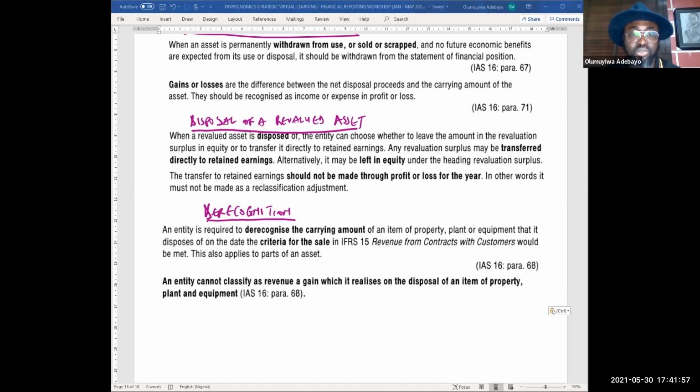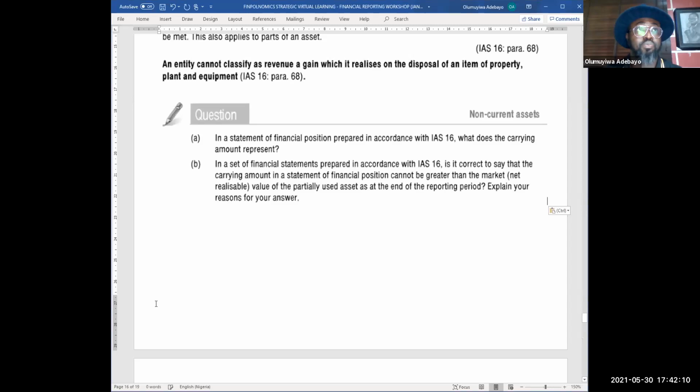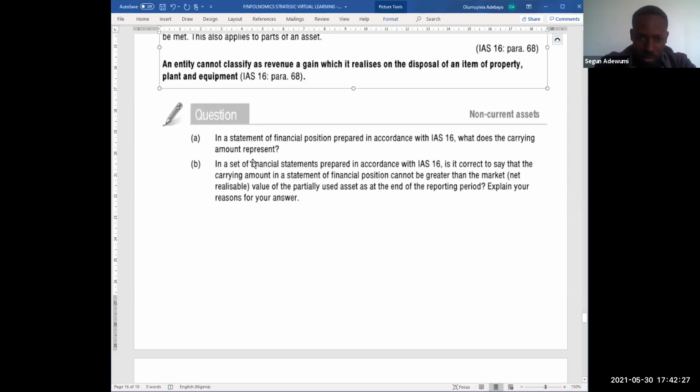Now, I want to put this question before you, and if you can read it up, let me give you a short answer to it. Okay, can you read it up? In a statement of financial position prepared in accordance with IAS 16, what does the carrying amount represent?